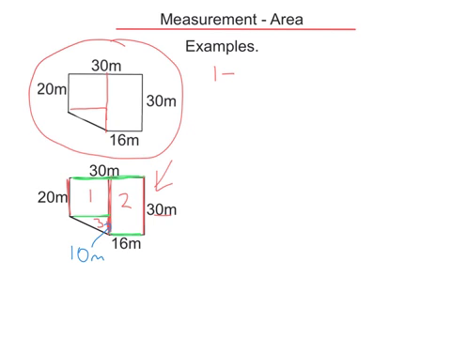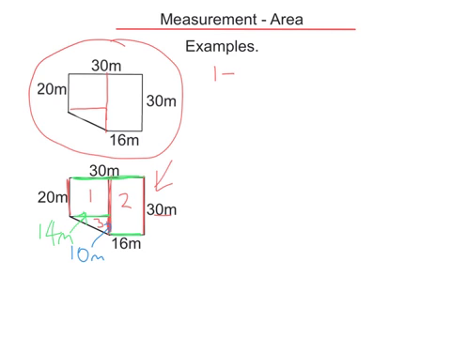I can use the three of those to work out any side that's missing. So again, for this triangle and for rectangle 1, this side here is one we don't know. And I can work that out by saying 30 up here minus 16 makes 14. So I'm going to have 14 meters there.